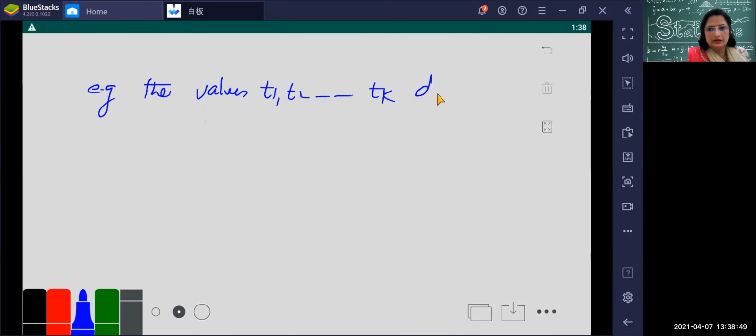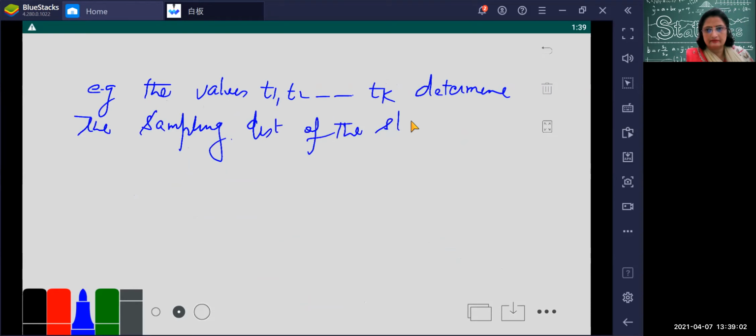So here, for example, in the previous case, the values T1, T2, so on up to Tk, determine the sampling distribution of the statistic T. Of the statistic T. ठीक है जी?